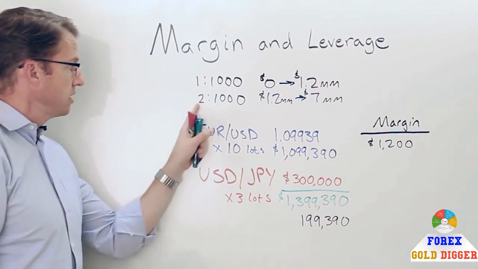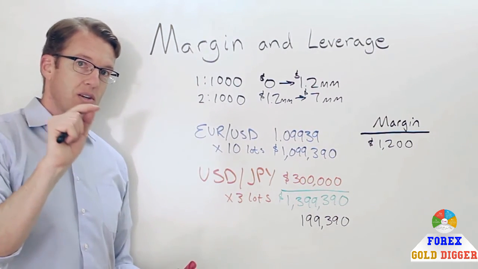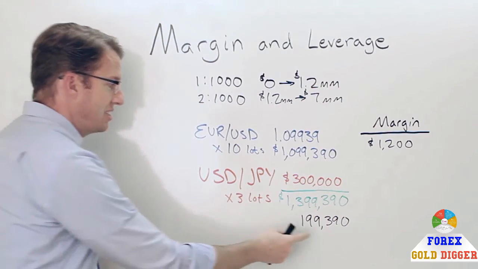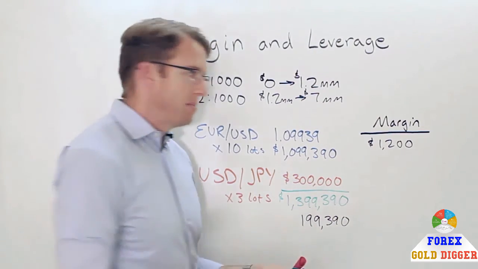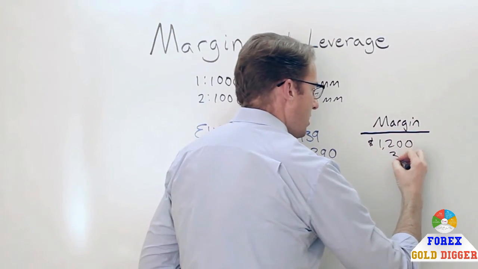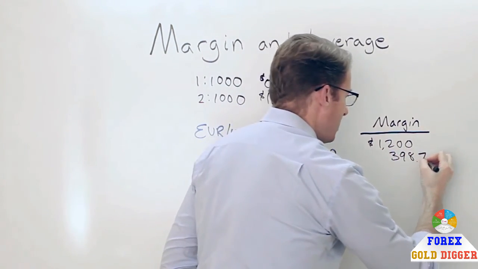Now we can do that easily, because if we take 2 divided by 1,000, then we get 0.002. So that's the number that we're going to times by our remaining notional value here. And that gives us an amount of $398.78.